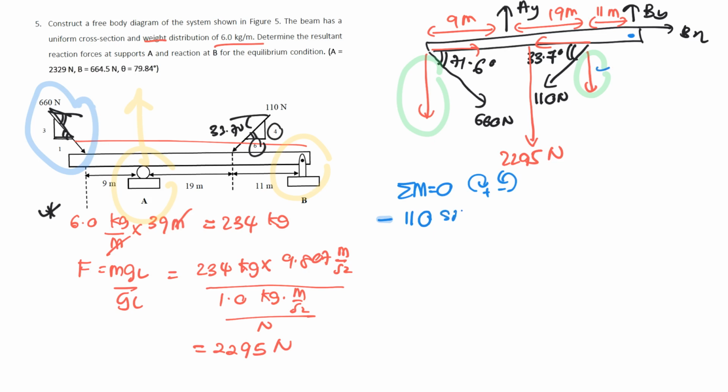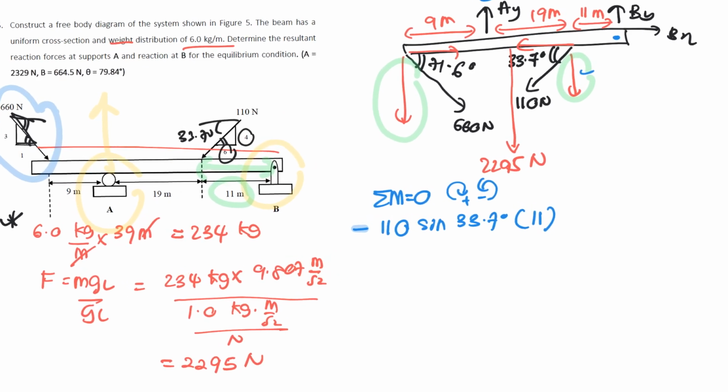So sine 33.7 degree multiplied with the level arm. The level arm here is going to be 11, because from the force up until the hinge it is 11.